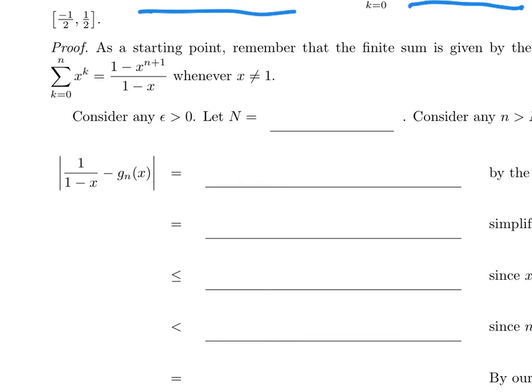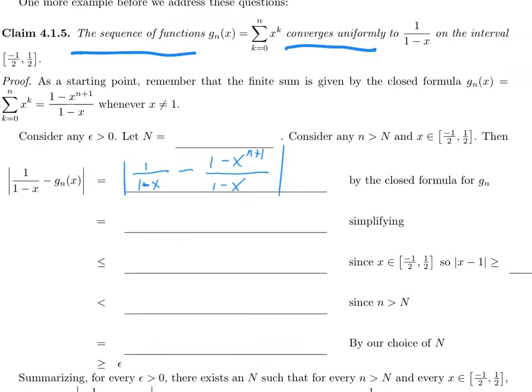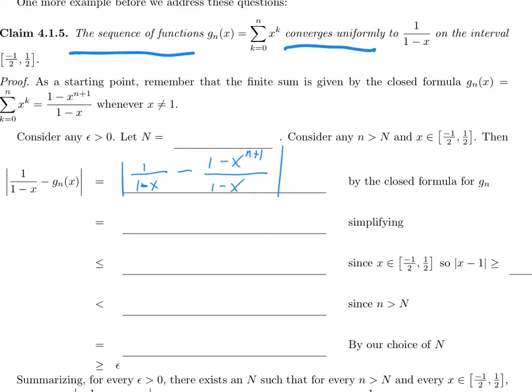But this function, g sub n of x, has a fairly explicit definition. So that's 1 over 1 minus x minus g sub n of x, but I know that g sub n of x is equal to that. So that minus 1 minus x to the n plus 1 all over 1 minus x. Well, simplifying that, you see what's going to happen.